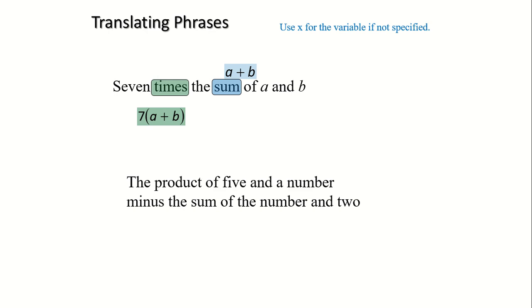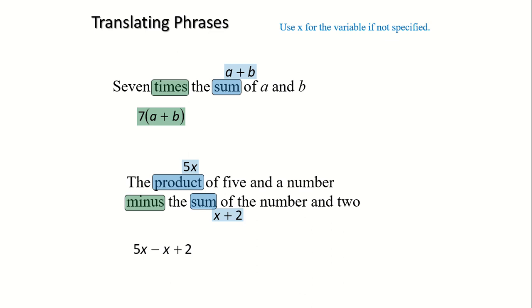Okay, the product of 5 and a number minus the sum of a number and 2. So we have here the product, minus, and sum as our key terms. When we say minus, of course that's minus. The product of 5 and a number is 5x. And then the sum of a number and 2 is x plus 2.